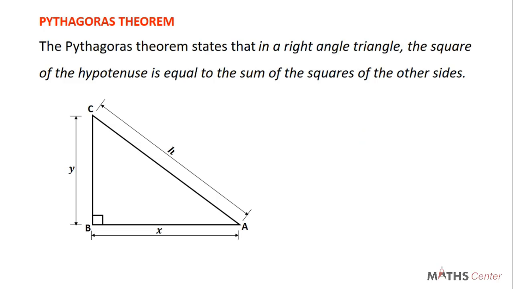The Pythagoras theorem states that in a right-angled triangle, the square of the hypotenuse is equal to the sum of the squares of the other sides.